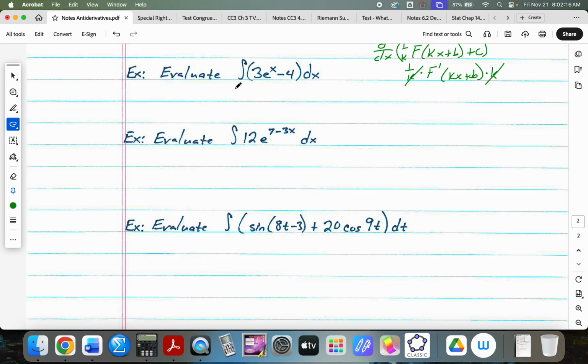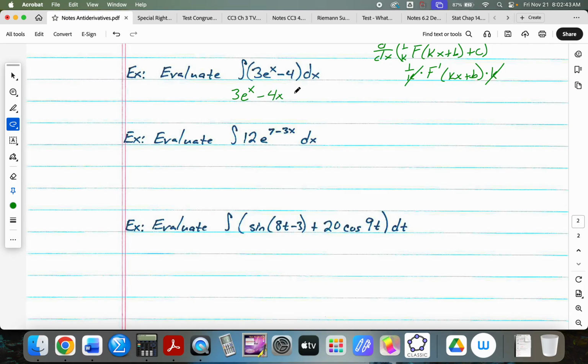You guys are very timid this morning. Thank you. 3e to the x. Yeah, that's exactly right. And what's an antiderivative of negative 4? Yeah, negative 4x, exactly right.